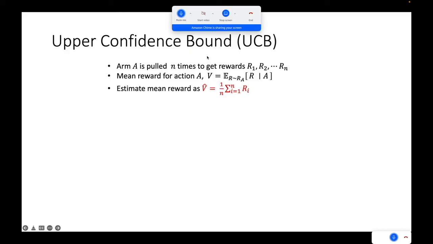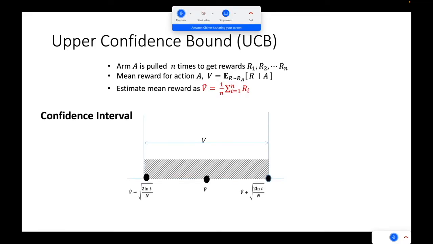The upper confidence bound algorithm is based on our estimate of sample rewards. Let's say each arm is pulled n number of times to observe some rewards, and based on that, we estimate a sample reward through simple averaging. This leads us to a construct called a confidence interval.